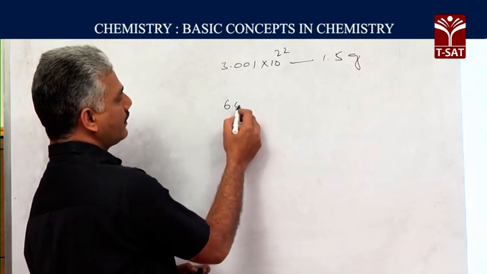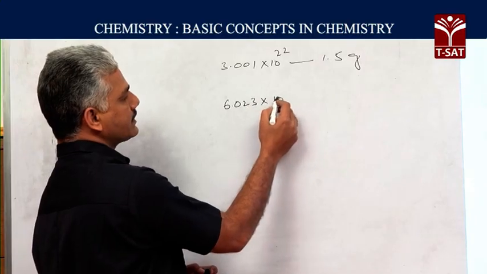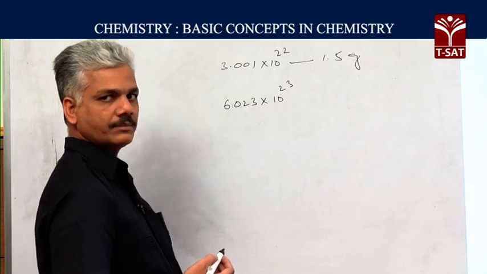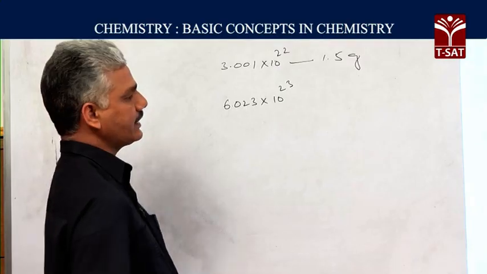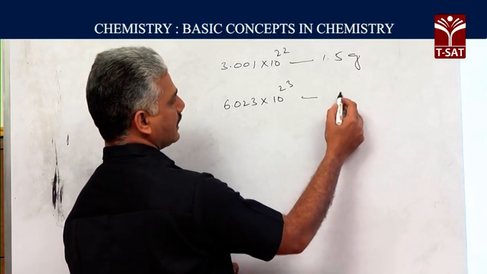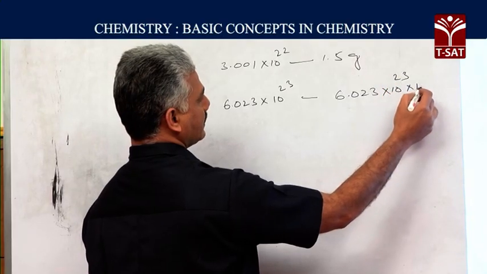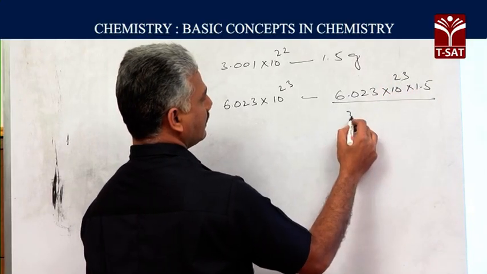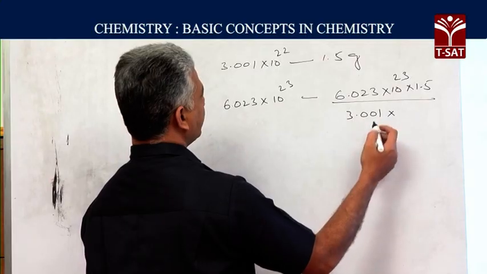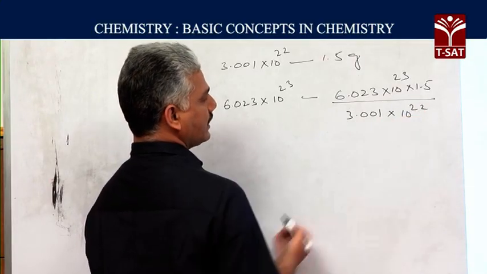So, find out what is the weight of 6.023 into 10 power 23 atoms weight. So, that comes out like this: 6.023 into 10 power 23 into 1.5 by 3.001 into 10 power 22.